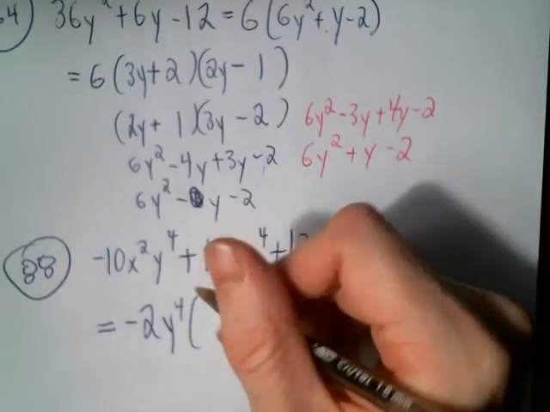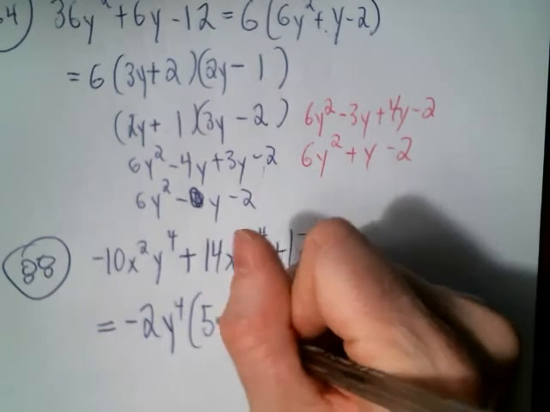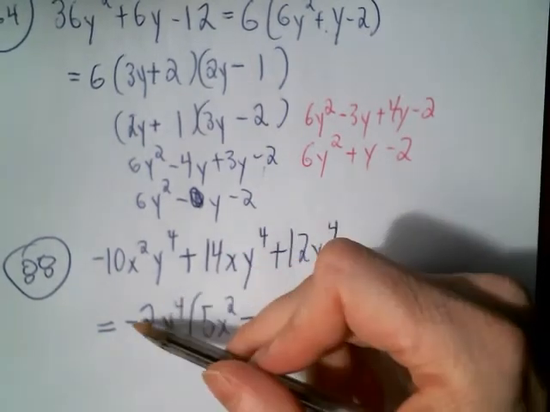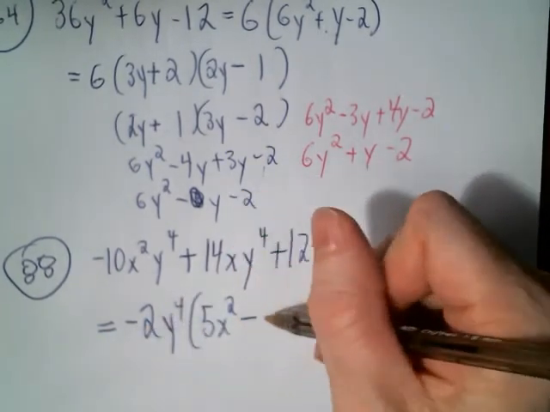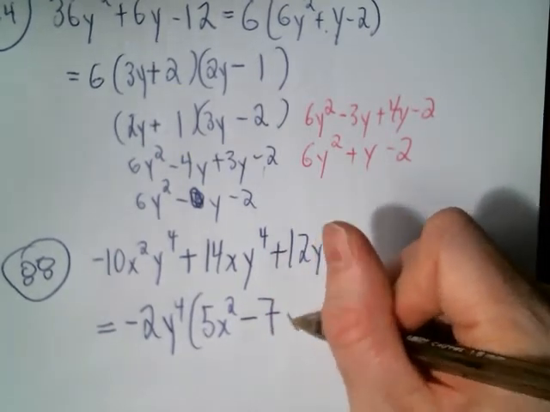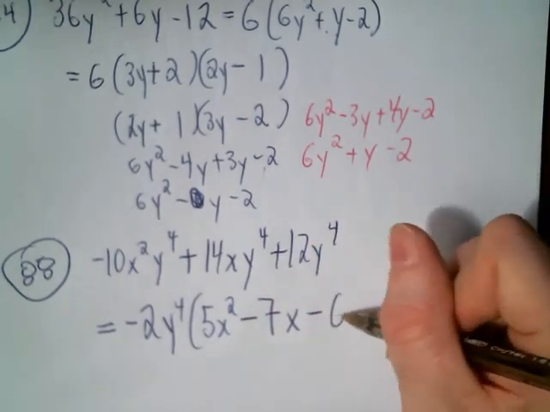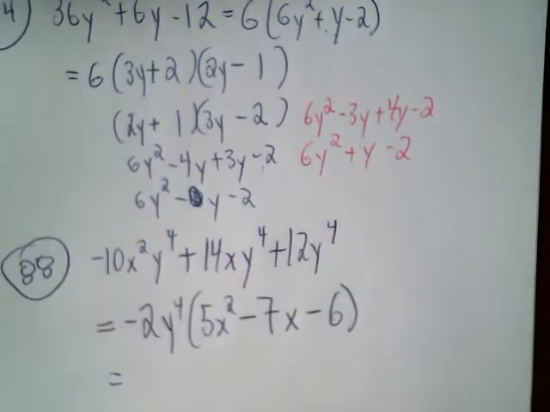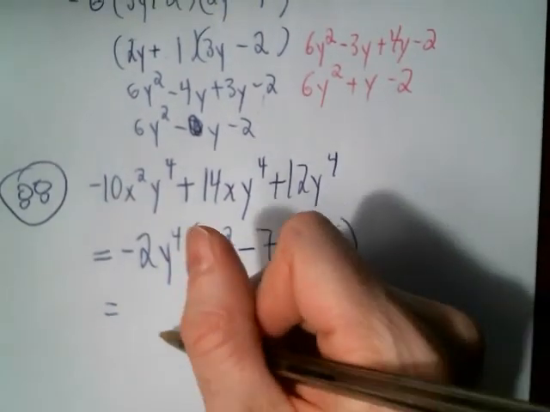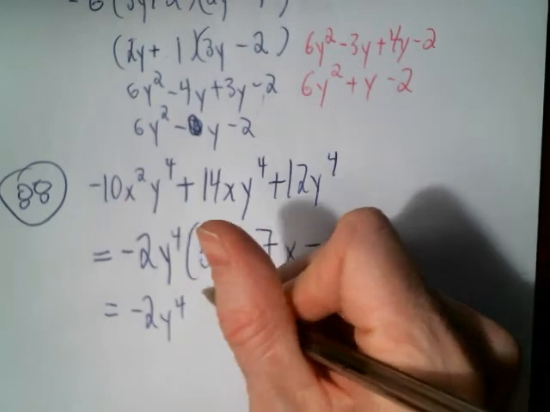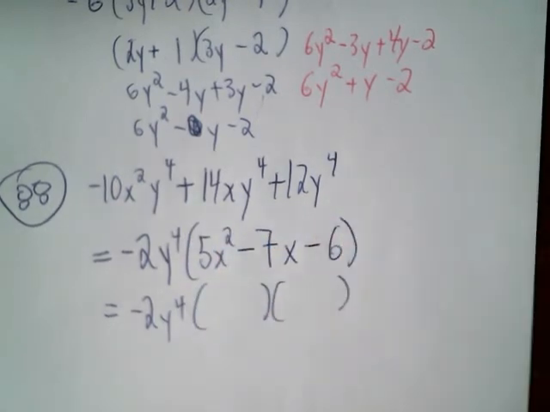Okay, so what's left over? I have 5x squared. The signs change because I pulled out a negative now. So minus 7x, and then minus 6. So negative 2y to the fourth. I want to factor this into two binomials.